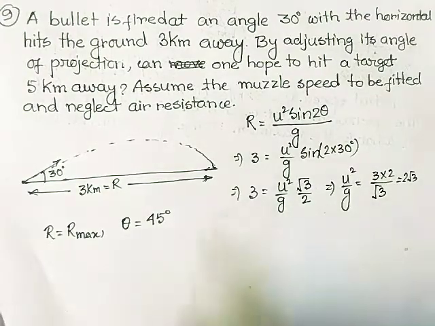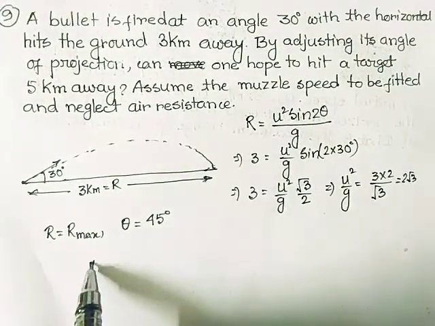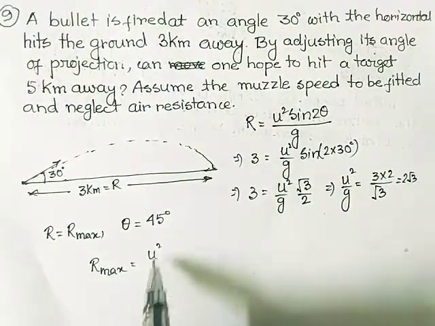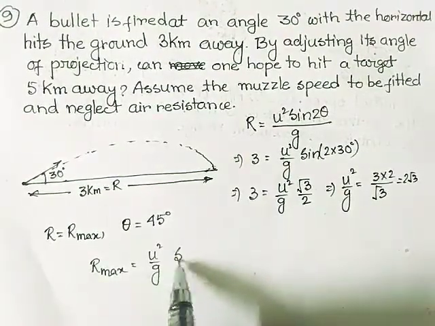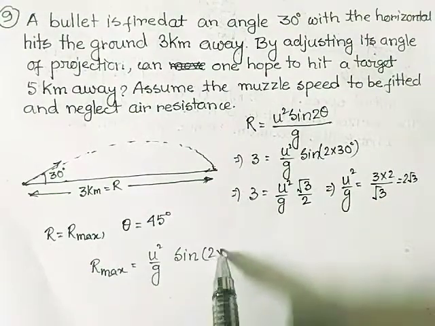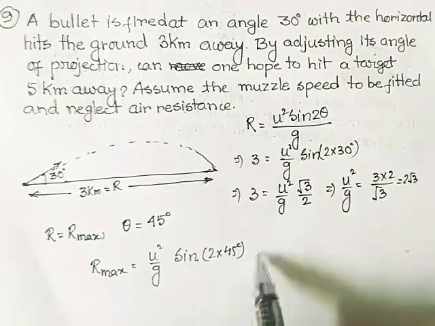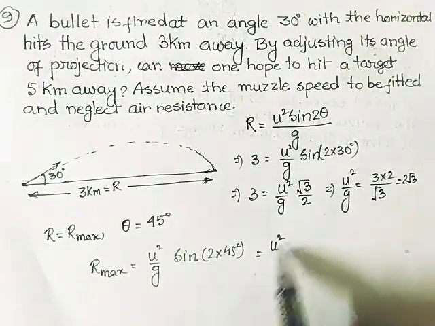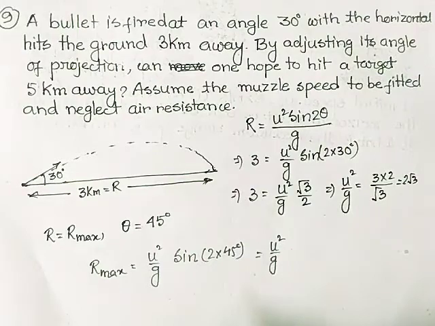Now we try to find the value of the maximum range. R max equal to u square divided by g sine 2 into 45 degree, and sine 90 degree is 1. So R max is u square by g.